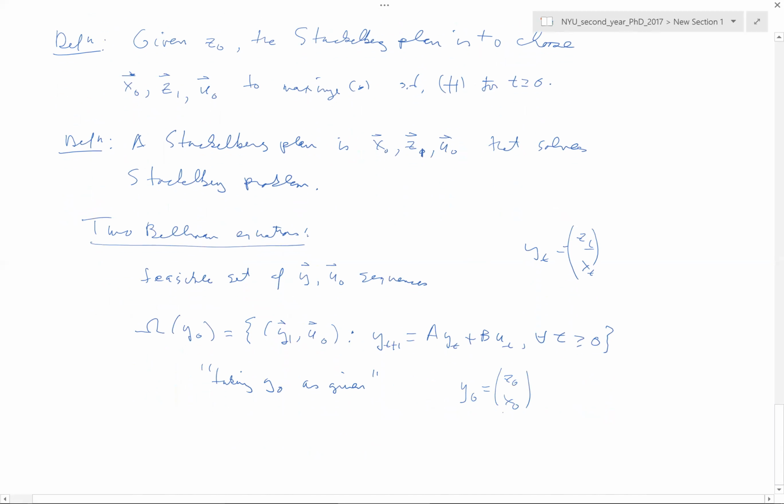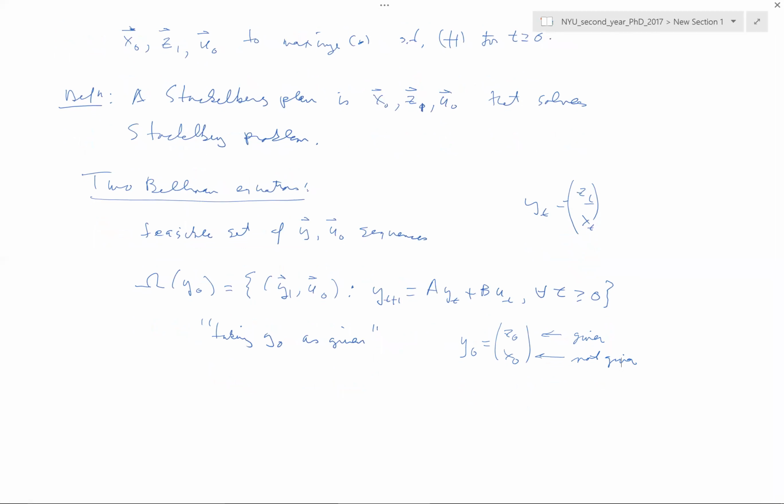Well, Z0 is given, but X0 isn't. But nevertheless, when I define this feasible set, I'm pretending like Y0 is given. So why am I entitled to do that? It's because I want to. And I'm going to postpone confronting the nasty problem that X0 is not given. So I'm going to define two problems.